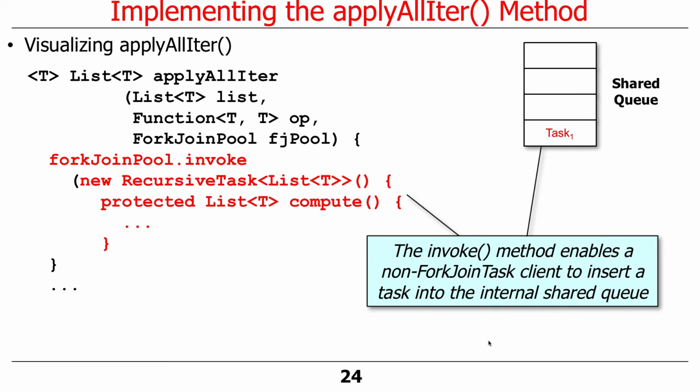The shared queue is the queue that non-ForkJoinTask clients use to get work into the ForkJoinPool. This is an external client, that's the name for it. It's an external entity, not a ForkJoinTask, and that puts the task in the shared queue. That also wakes up threads in the ForkJoinPool.